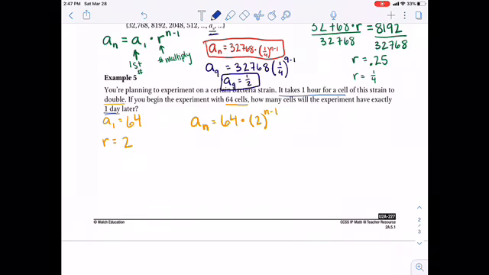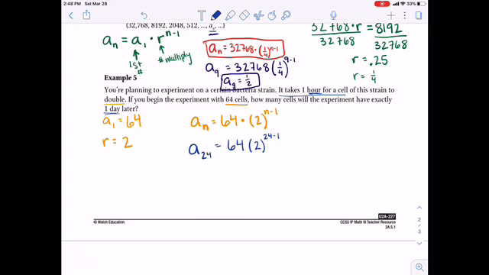So if I want to know how many cells I'm going to have in a day, that's going to be 24 hours. So I'm going to find a sub 24 because I want to know 24 hours later. That's going to equal 64 times 2 to the 24 minus 1 power.